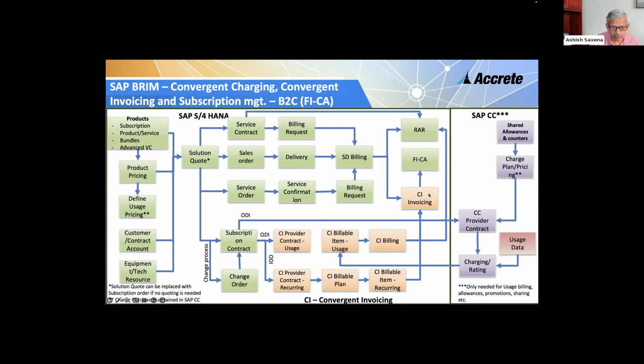All of them use convergent invoicing for invoicing to the customer. As I said earlier, this can provide details as well as summary, and then it flows into FICA, which is a sub-ledger in S4, and they can obviously reconcile to the AR main ledger as well. But basically, this is used for open item management.